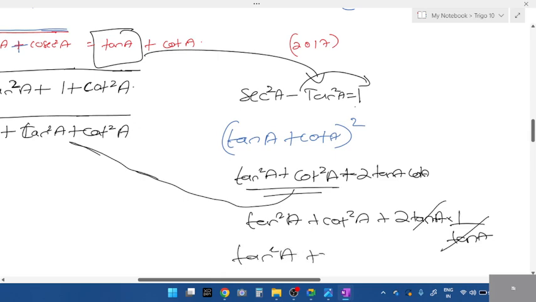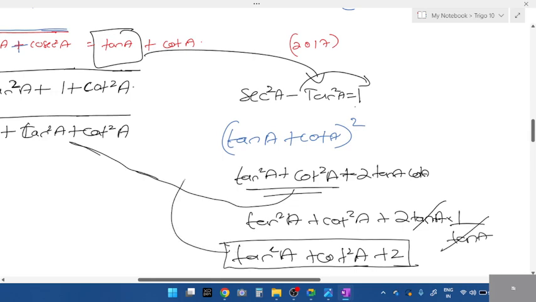Tan square a plus cot square a plus 2. What is the actual value for tan square a plus cot square a plus 2, students? Whenever this is given, in place of this, what can we write? Tan a plus cot a the whole square. This is the calculation part. In place of tan square a plus cot square a plus 2, the actual expression is tan a plus cot a the whole square.